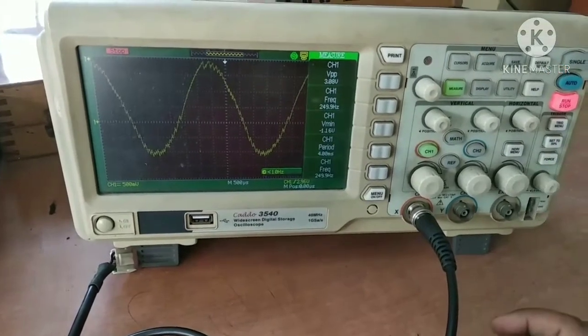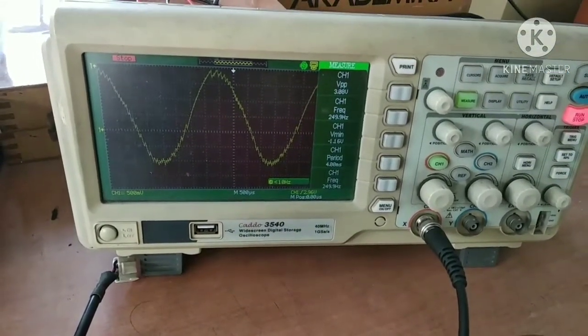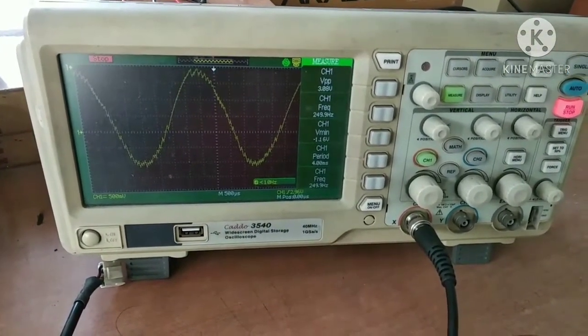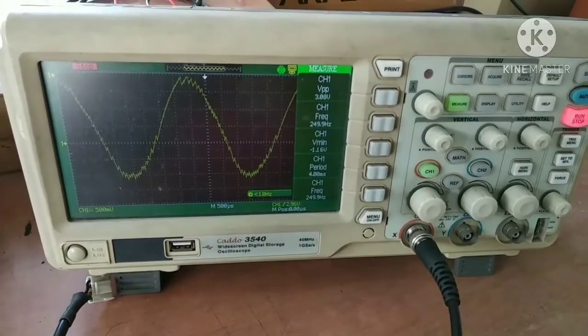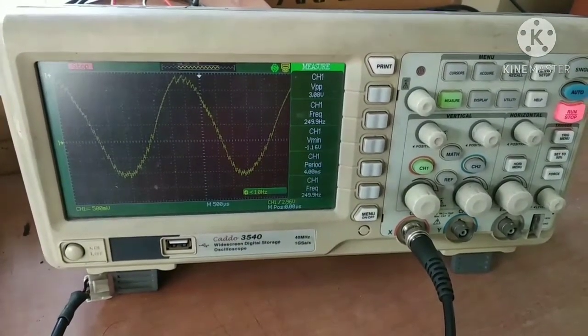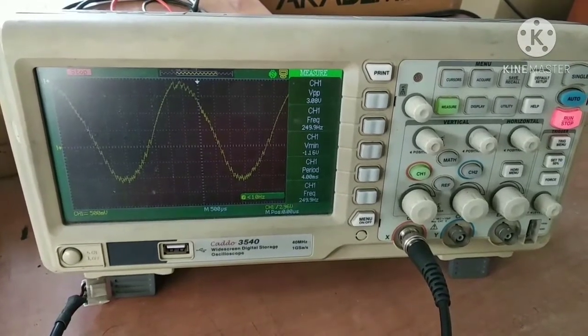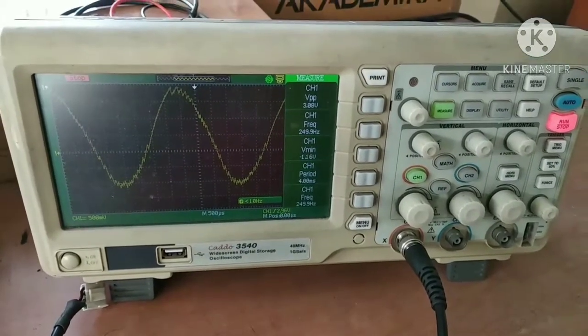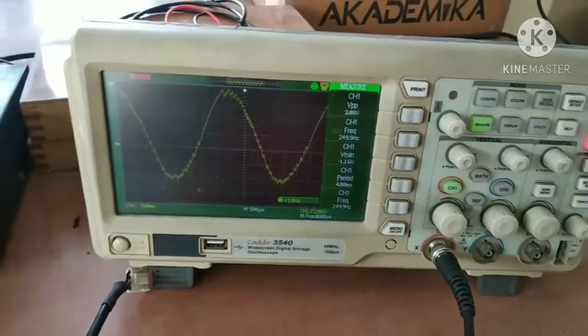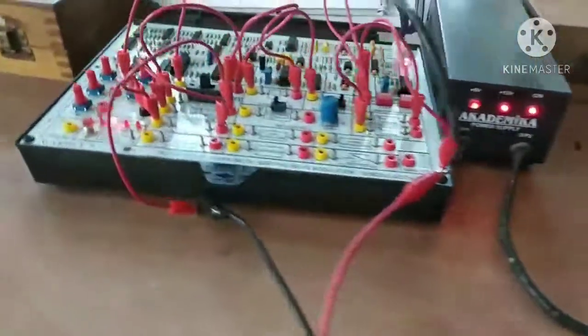This is the output of integrator 3. The voltage is 3.08 volt and the frequency is 249.9 Hertz.